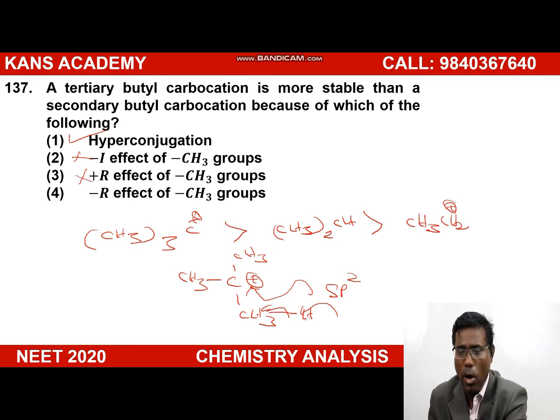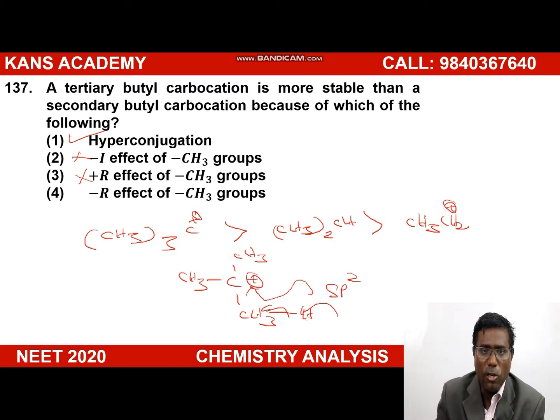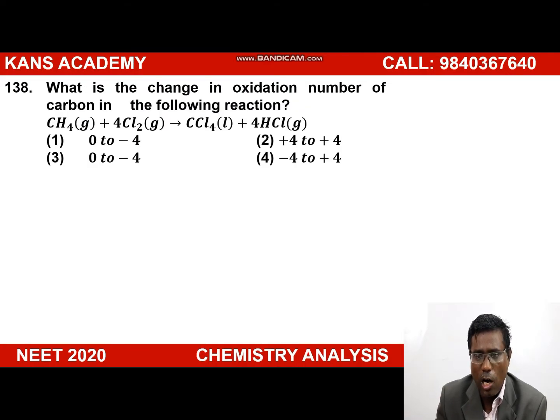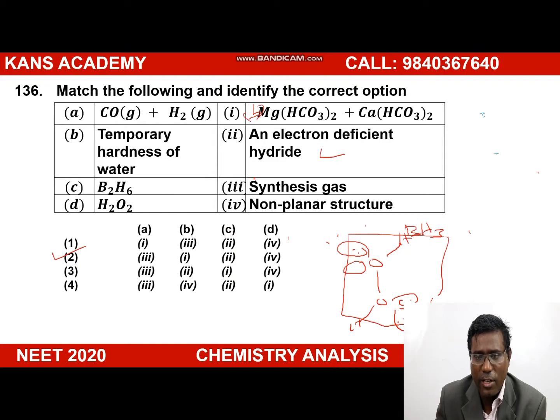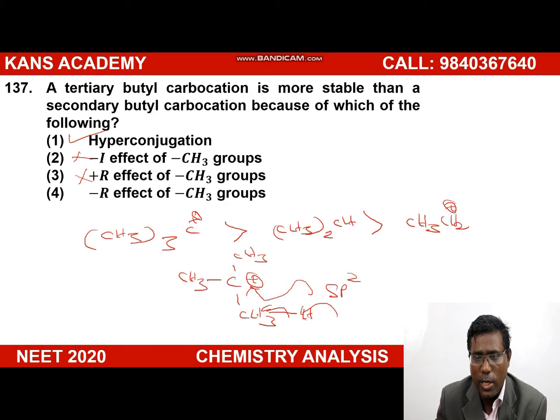And why is tertiary butyl carbocation more stable than secondary? The exact reason is that the sp2 carbon is attached to sp3 carbons having 9 hydrogens. So 9 hyperconjugation structures are possible for tertiary butyl carbocation.